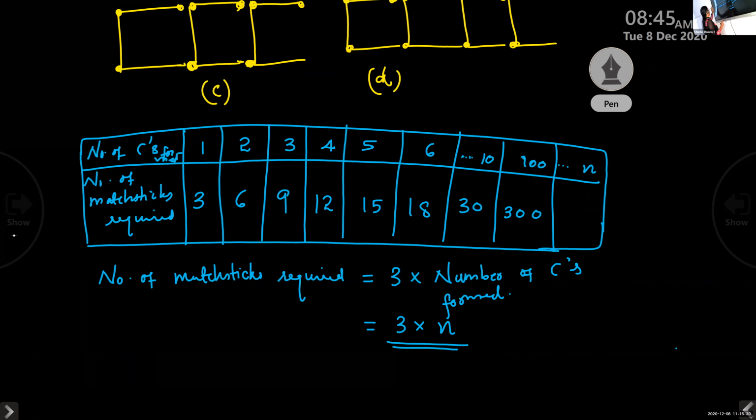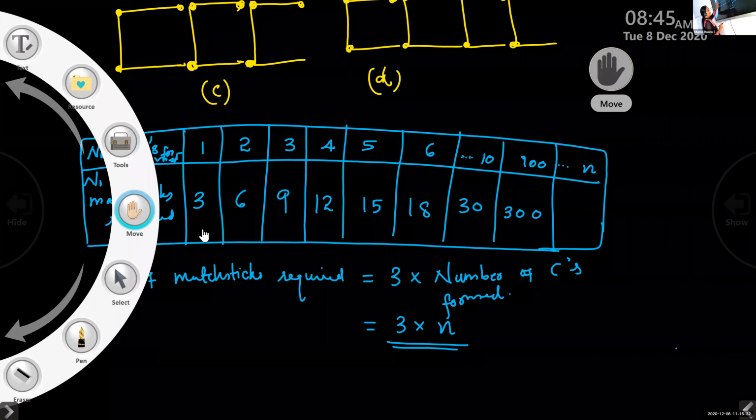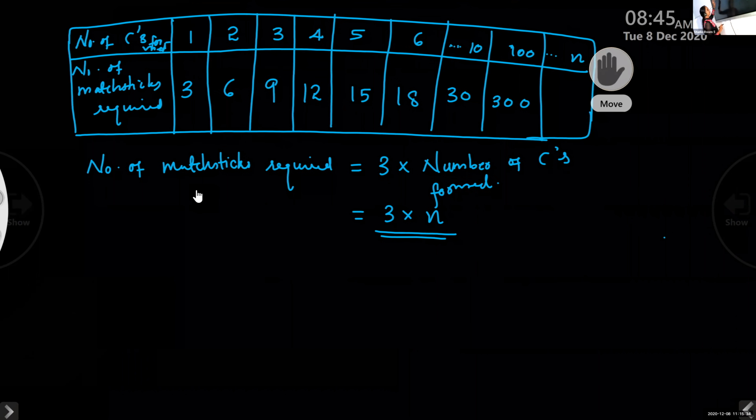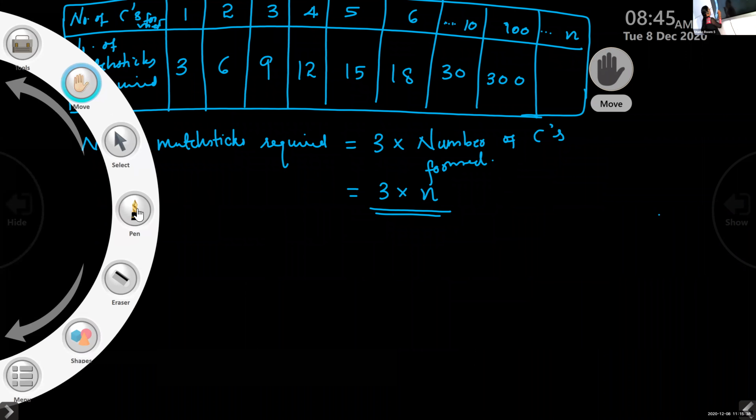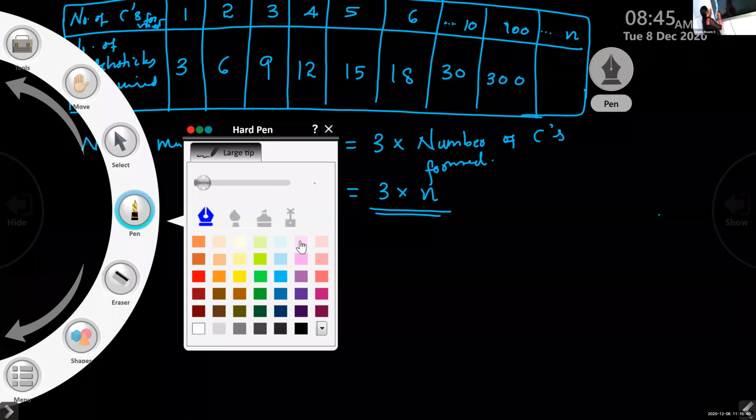Now we will find out how it happens. See, no need of drawing the table, and if we want, we can write like this.